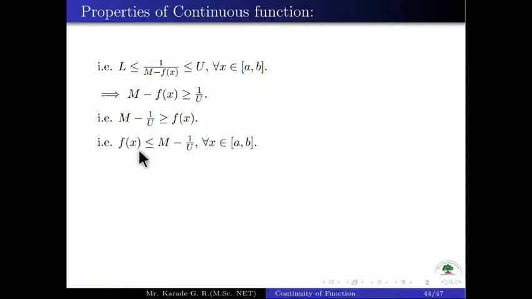That is, f(x) is less than or equal to M - 1/U for all x in [a, b]. Contradiction to M being the least upper bound of f(x).